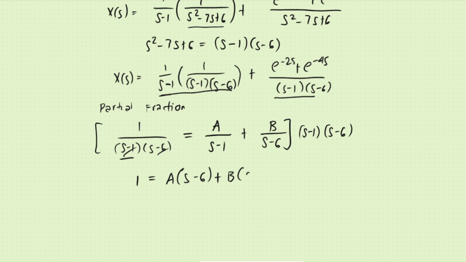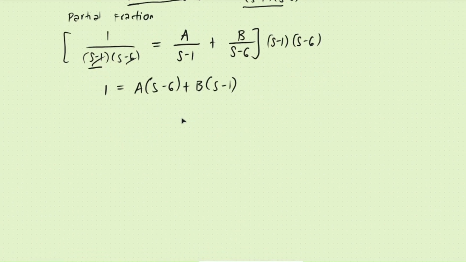If B is multiplied by the denominator, what's cancelled is s minus 6, so we'd be left with B times s minus 1. The next thing we're going to do is look for the values of A and B. To solve for A, let's set a value where the B term will be 0. What is the value of s that will make this term 0? If s is equal to 1, this would be 0 completely.